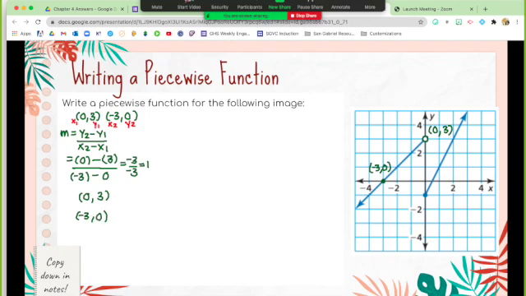If we want to identify the y-intercept, all we have to do is look for the ordered pair that has x equals 0. This one does, so our y-intercept is +3. This is our b. So when we write down the linear equation, y equals mx plus b, we know our slope is +1 times x, and our y-intercept is +3. So we get our linear equation, y equals x plus 3.